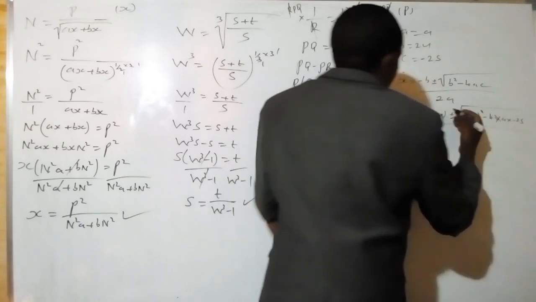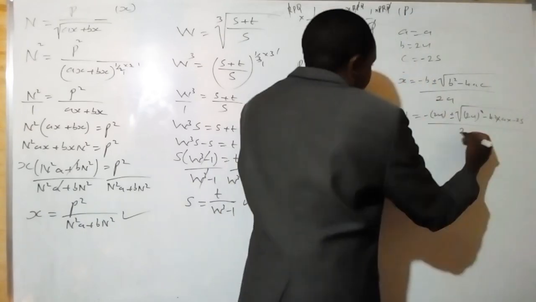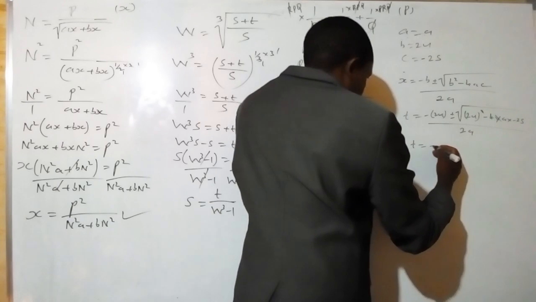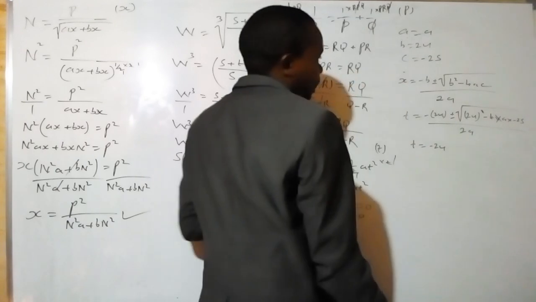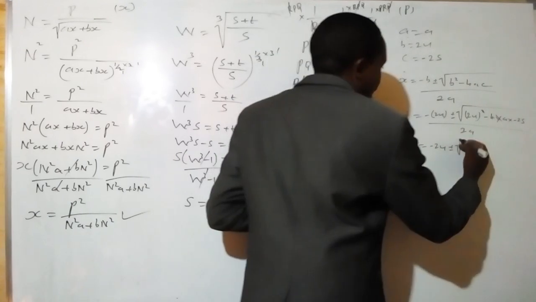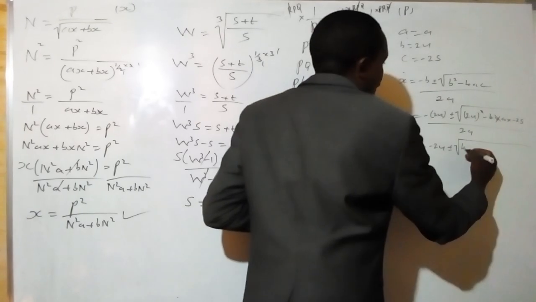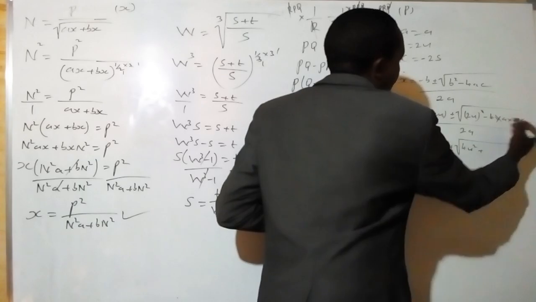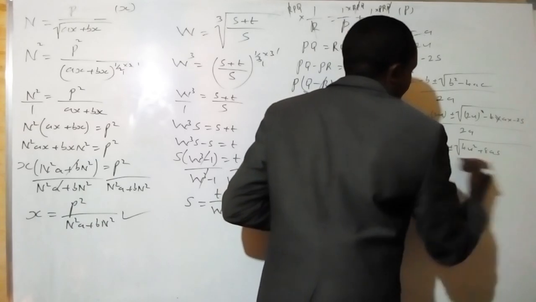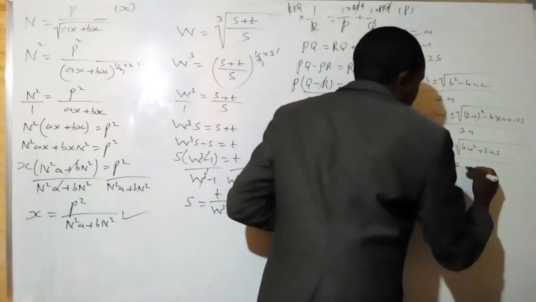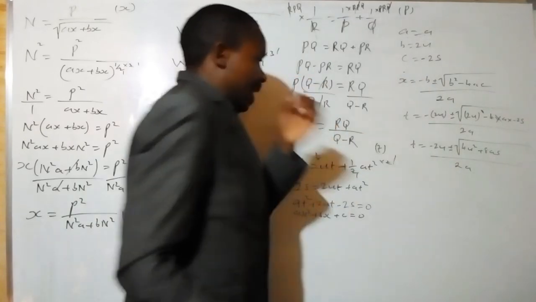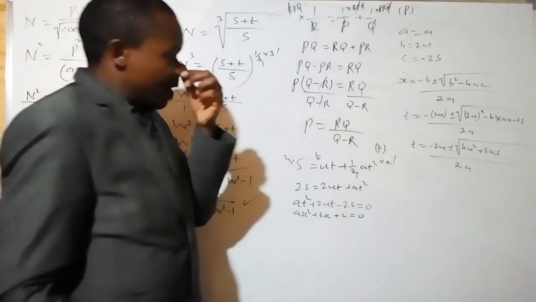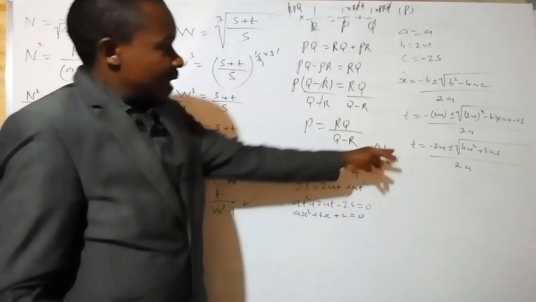And t is equal to negative 2u plus or minus the square root of, 2u squared is 4u squared, negative and negative is positive, 4 times 2 is 8as, all over 2a. And by that way we have made our t the subject of the formula as they had indicated.